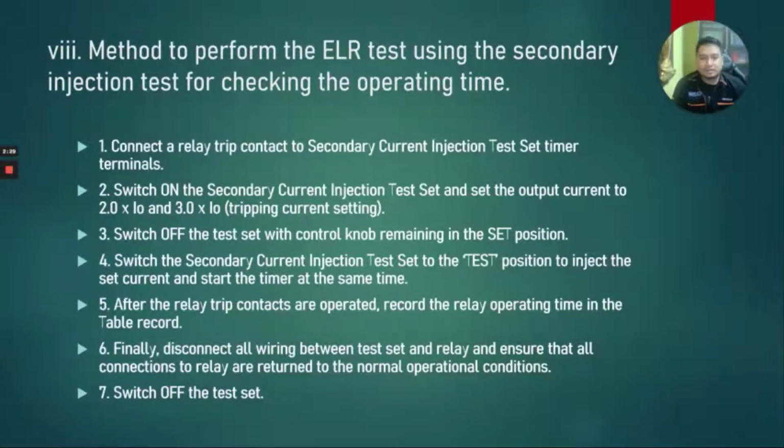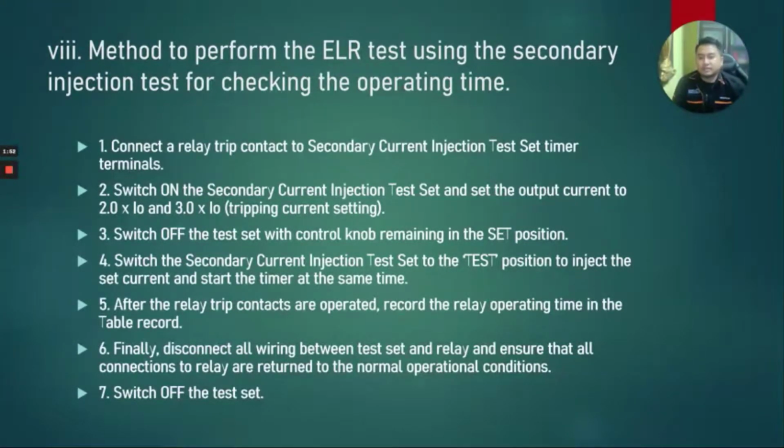Switch on the secondary current injection test set and set the output current to 2 times and 3 times the tripping current setting. Switch off the test set with the control knobs remaining in the set position. Switch the secondary current injection test set to the test position to inject the set current and start the timer at the same time.